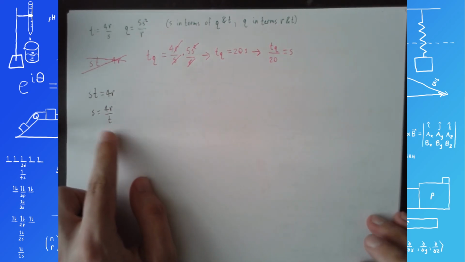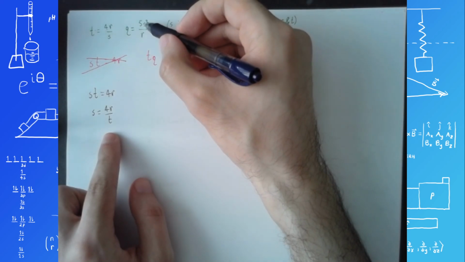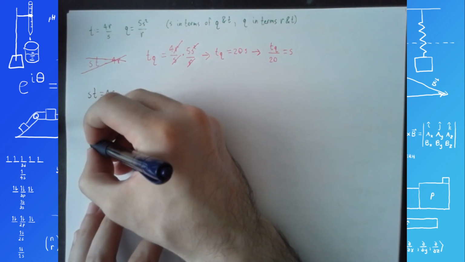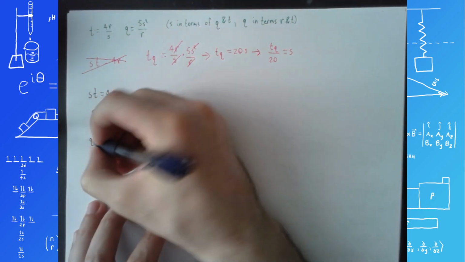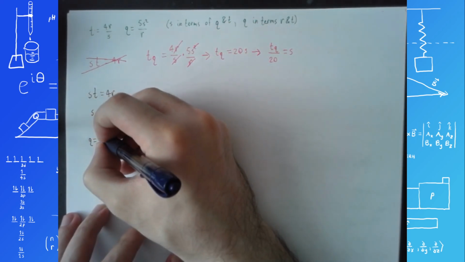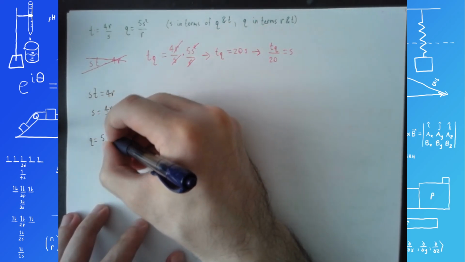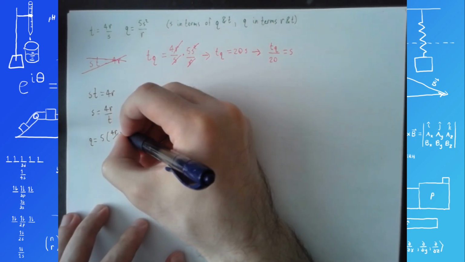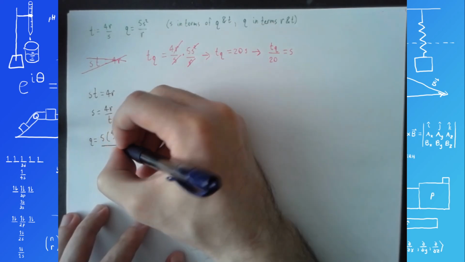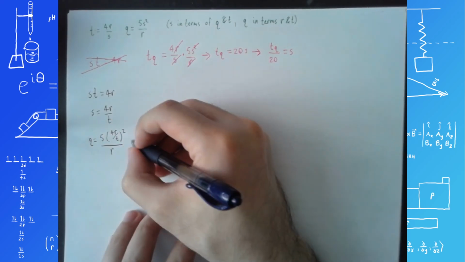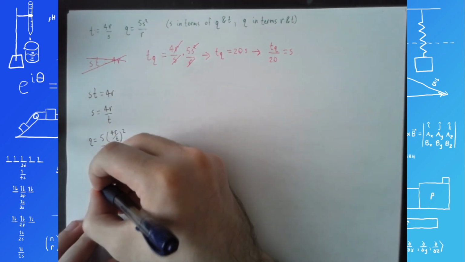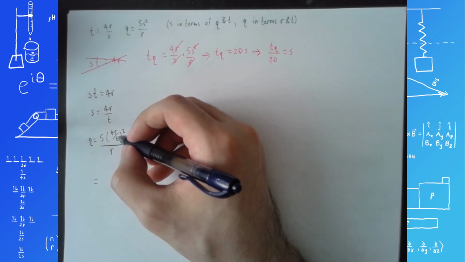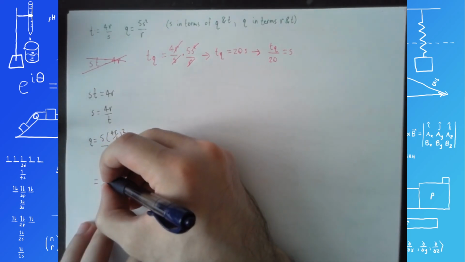then I can plug this into the expression for Q. I can do Q equals 5 of 4R over T squared over R, which becomes, let's see, 4 squared is 16, and 5 times 16 is 80.